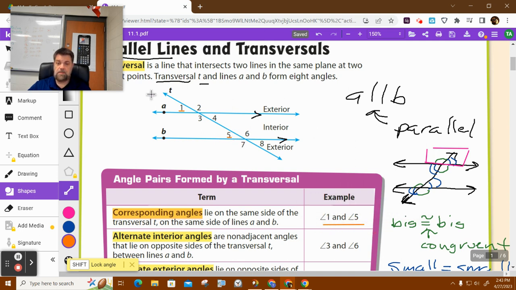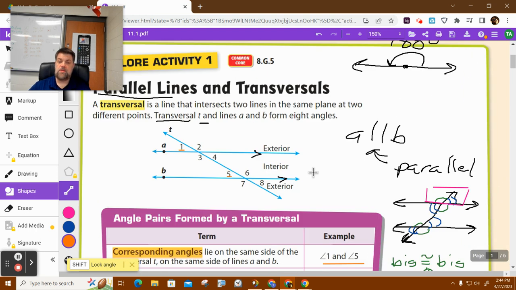Okay? 2 and 6 are also corresponding angles. 3 and 7 are also corresponding angles. 4 and 8 are also corresponding angles. Okay?